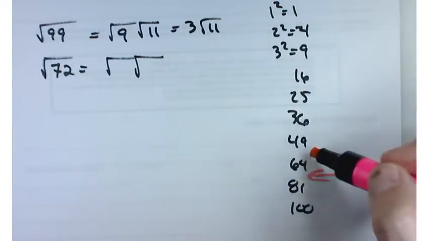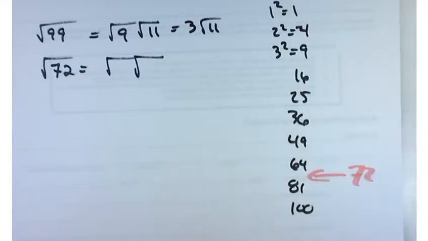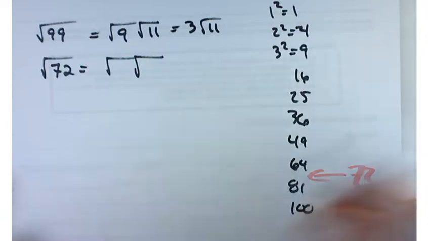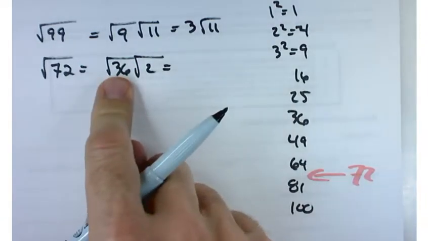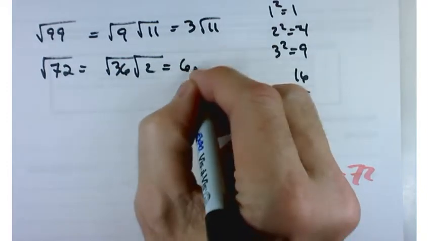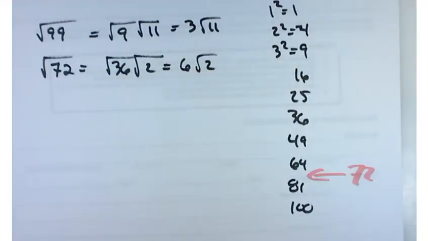No. How about 49? Does that go in there evenly? No. How about 36? 36 goes in there twice. So then that becomes 6 times the square root of 2. Done. Nice and fast.